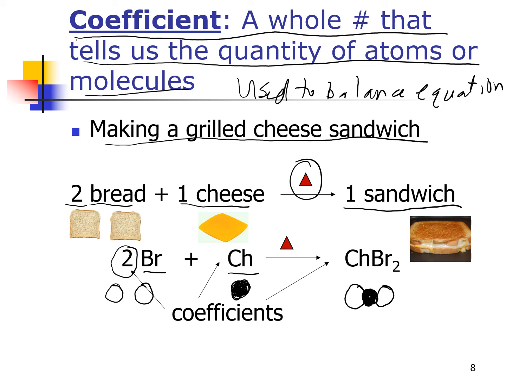In CHBr2, there's no number written in the front. Again, it's implied 1, that I created one sandwich. So coefficient is the term to remember here. It's a whole number that's written in front of the molecular formula or of your element.